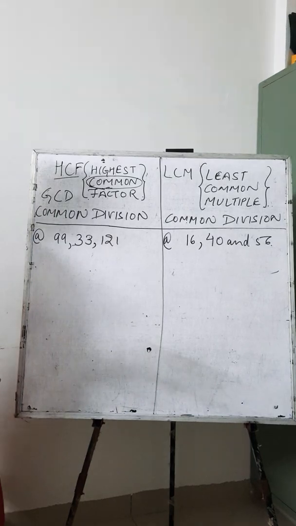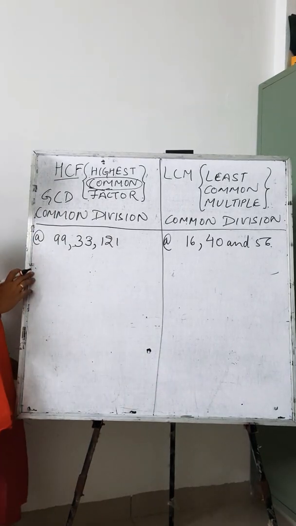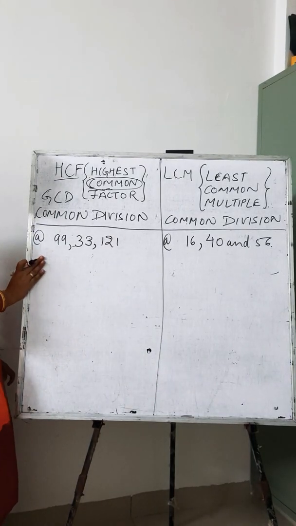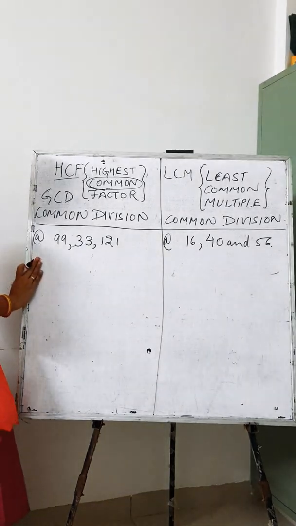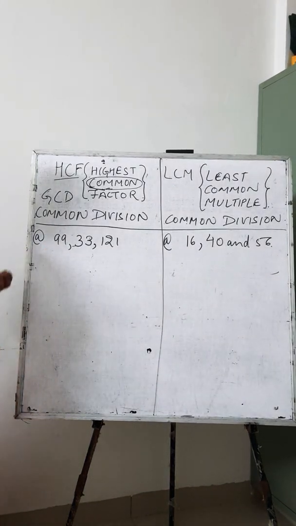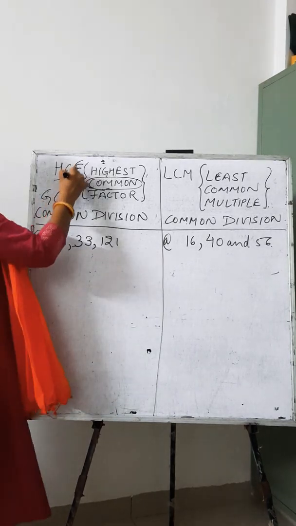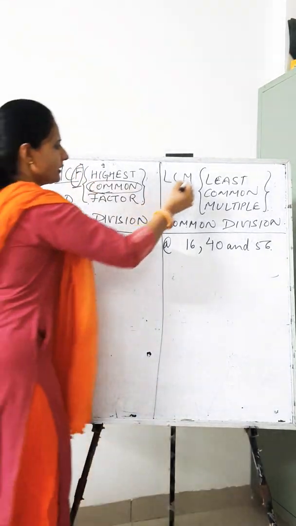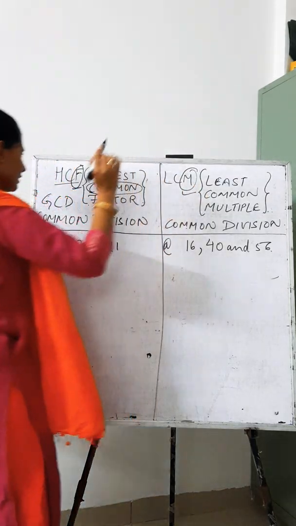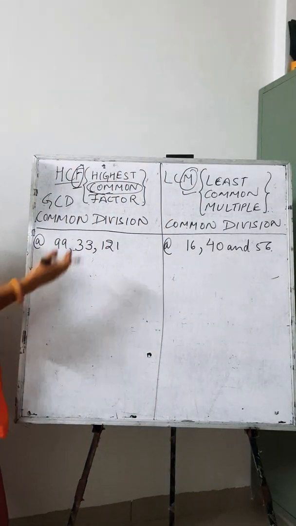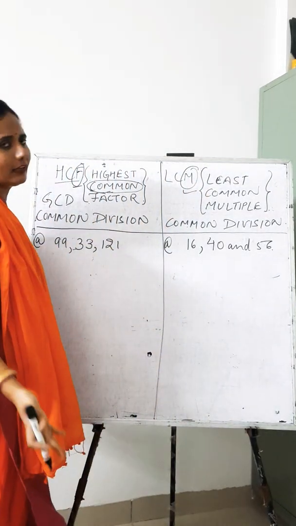Now you will compare these two methods by seeing what is the basic difference between HCF and LCM. By its name it shows that it's a factor over here and a multiple over here. So a factor should always be less and a multiple should always be bigger than the given number.